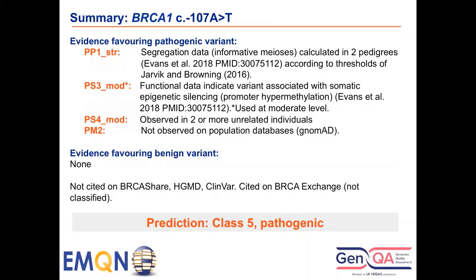a PP1 strong. In addition, that paper also used multiple functional assays to show that the variant was associated with somatic epigenetic silencing caused by promoter hypermethylation. So they did both pyrosequencing and bisulfite PCR to show that there was 50% methylation at the promoter, and they also used RNA sequencing to show that there was loss of expression from that allele, and they did that in multiple somatic tissues.